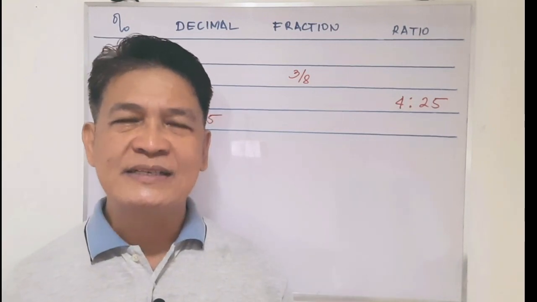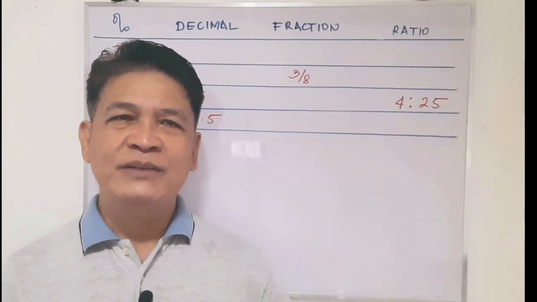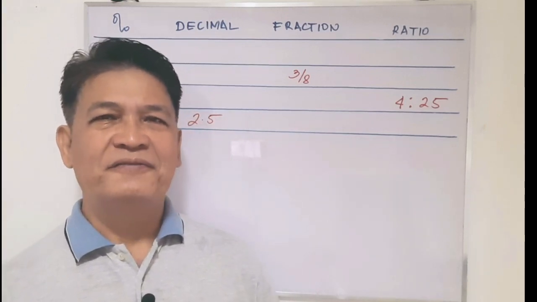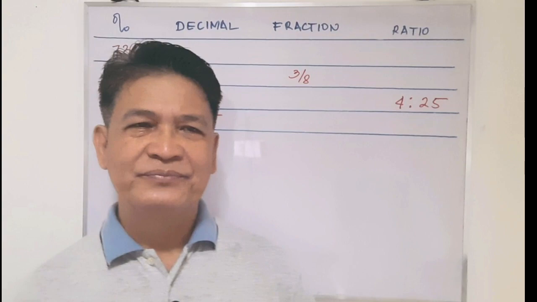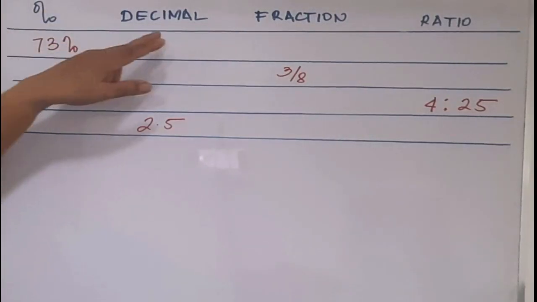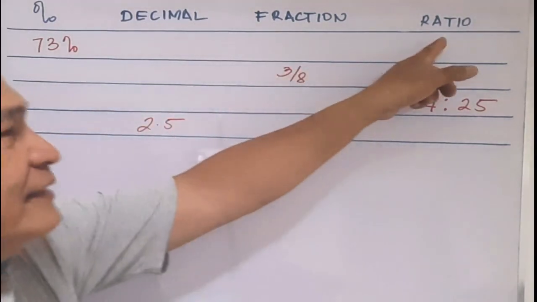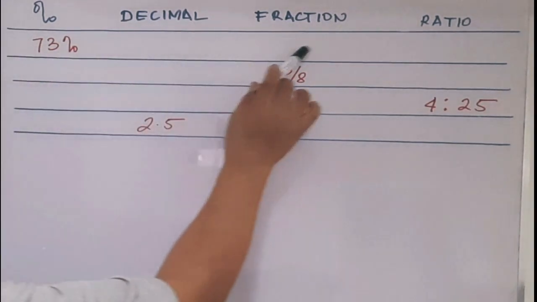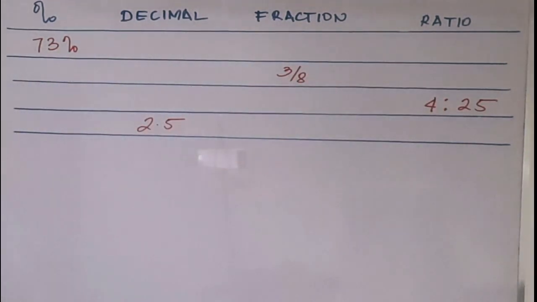Today we're going to discuss the relationship of percentages, decimals, fractions, and ratio. For this example on the board, we have percentage, decimal, fraction, and ratio. In number one, you have 73%.